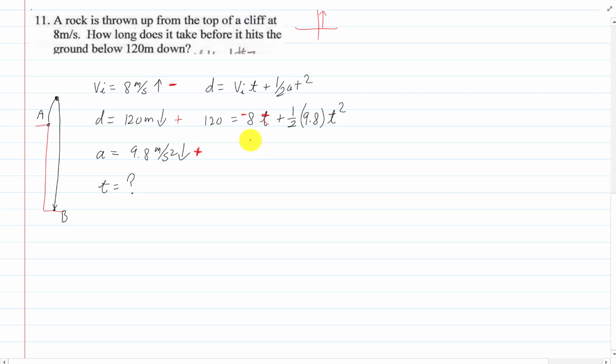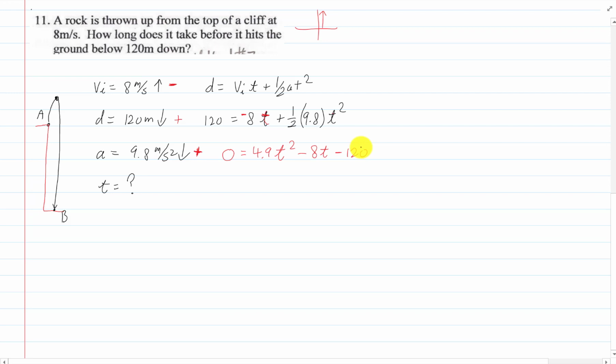So writing down the numbers again and putting it all to one side, we get 0 is equal to 4.9 t squared minus 8t, and then I bring the 120 over here, it becomes minus 120. That is a quadratic. We have to solve it for t, so I'm going to use the quadratic equation.